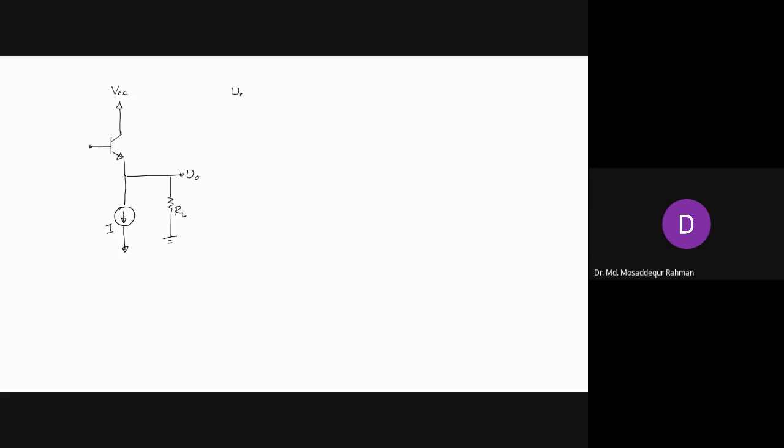Now let's say the maximum value of V naught is 5 volt.